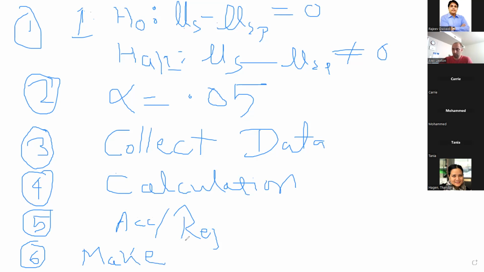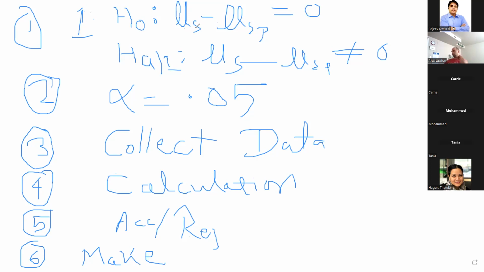So this is a very simple process. Some books have 4 steps, some have 5, some have 6, but basically this is the process that we are going to follow in hypothesis testing. First, I made a statement, like sitting at a coffee table, discussing with our friends.